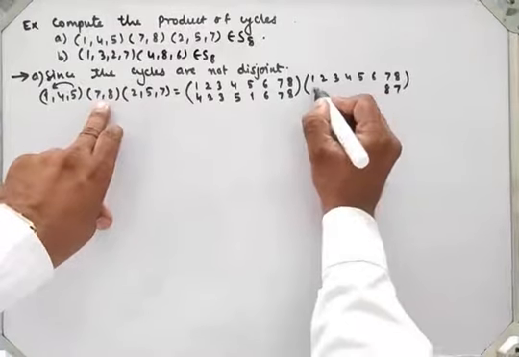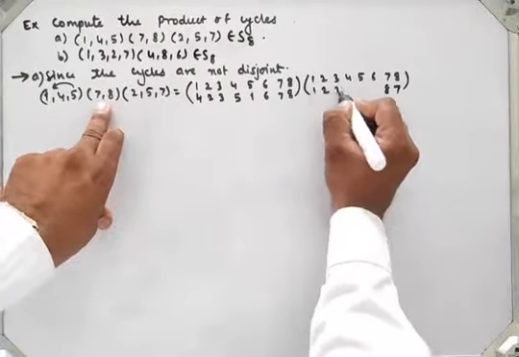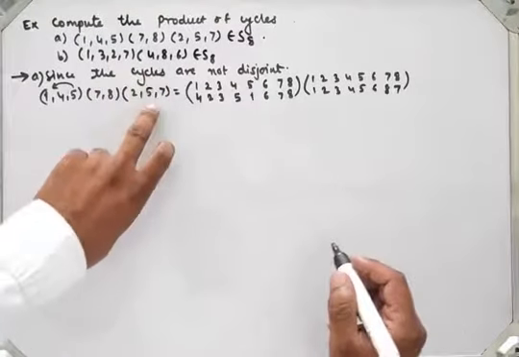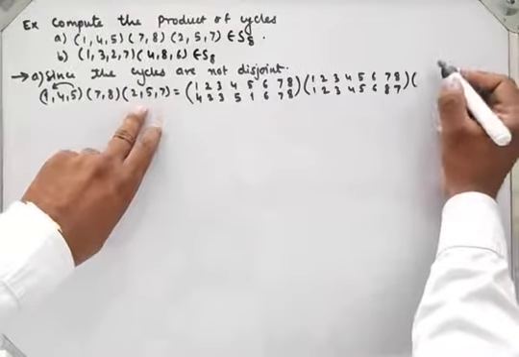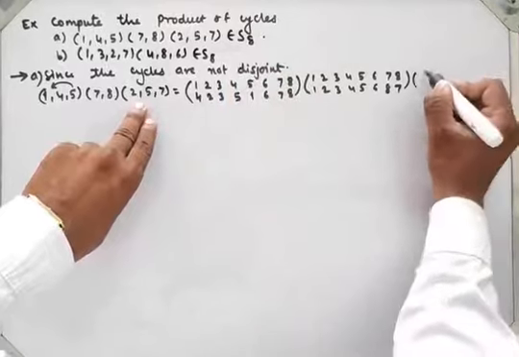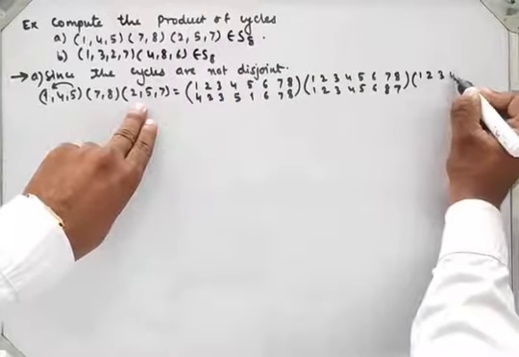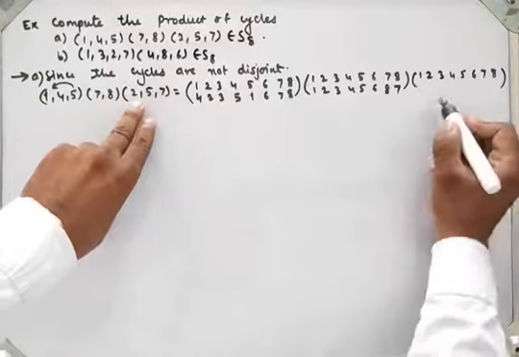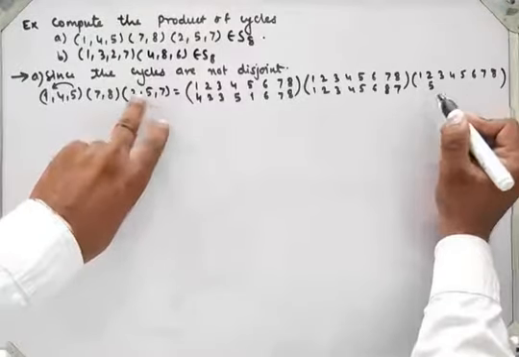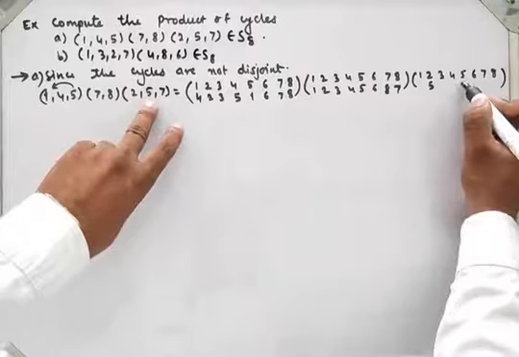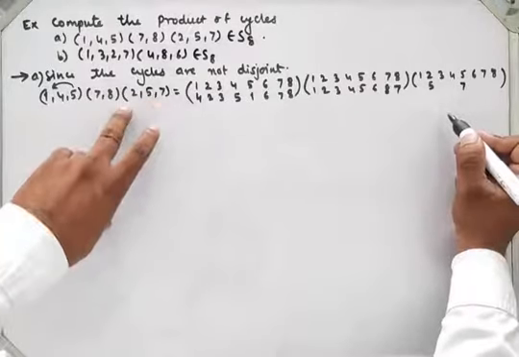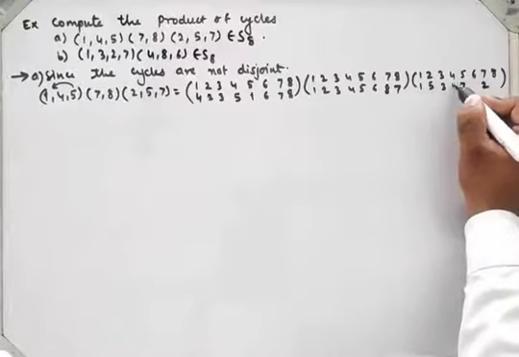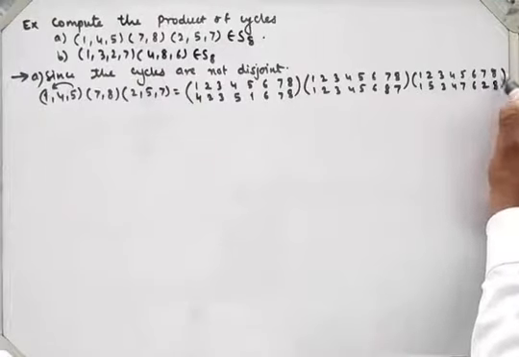Other elements are the same. For the third cycle, 2 goes to 5, 5 goes to 7, and 7 goes to 2. Other elements are as they are: 1, 3, 4, 6 goes to 6, 8 goes to 8.